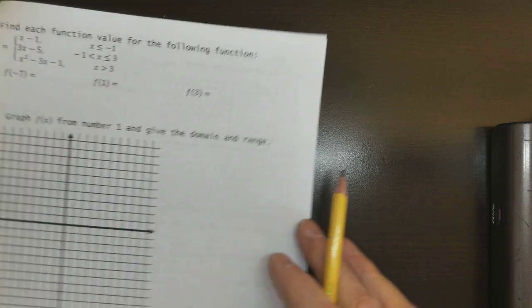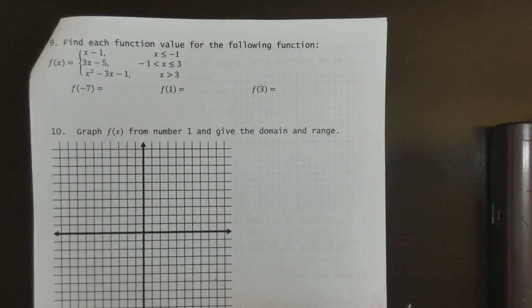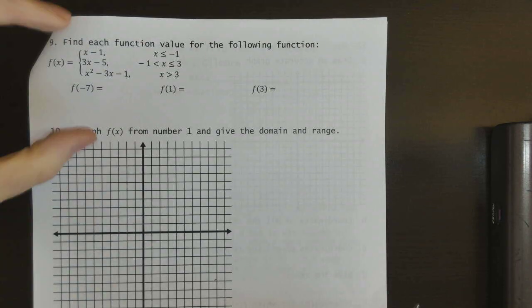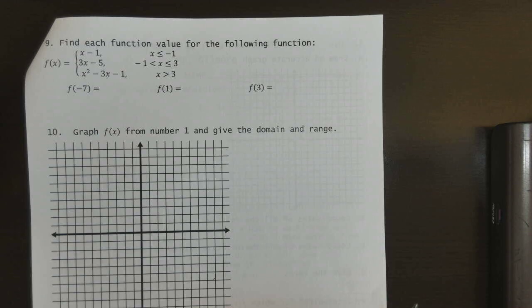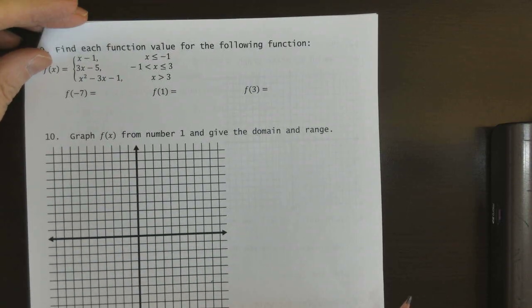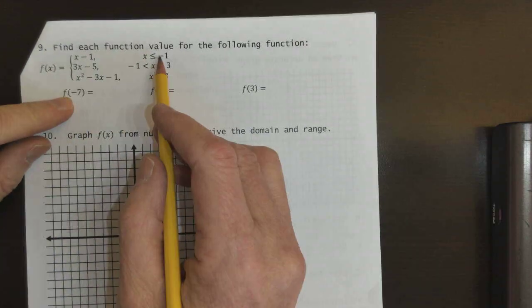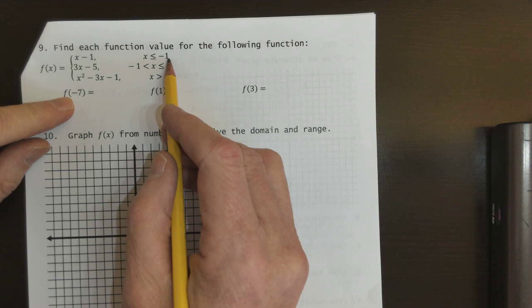Alright. Number 9. Find each function value for this function. f of x equals x minus 1. Negative 7. Negative 7 is less than or equal to negative 1.